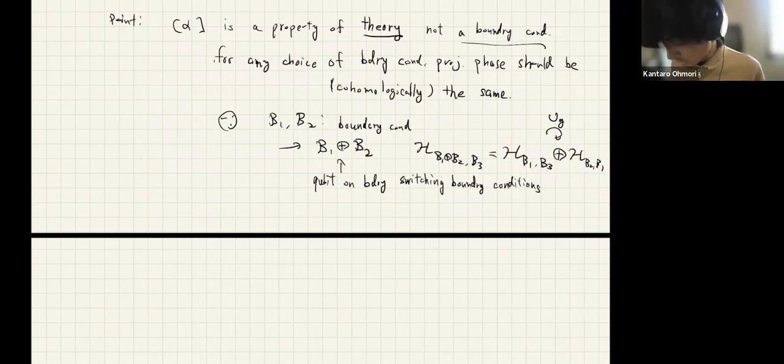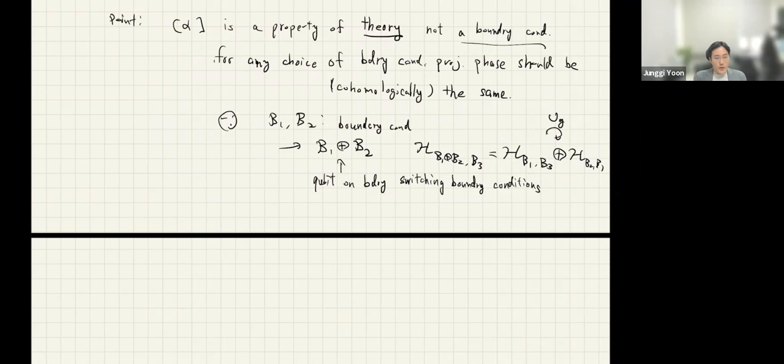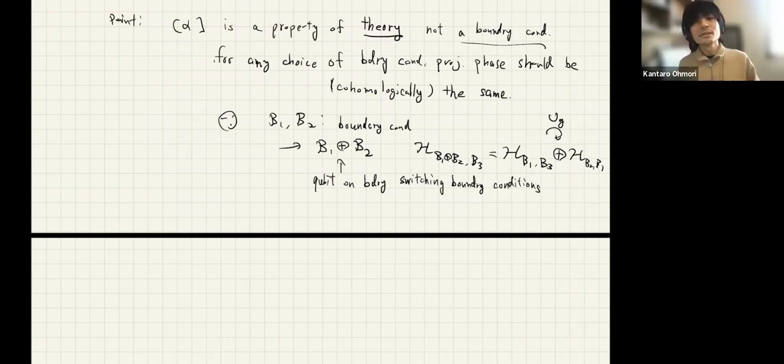So for a single theory, every boundary condition should share the same anomaly. To calculate the anomaly, you pick one arbitrary boundary condition you like. But here you are saying that if you change the Dirichlet boundary condition to the Neumann boundary condition, the anomaly is the same? Well, we believe so.